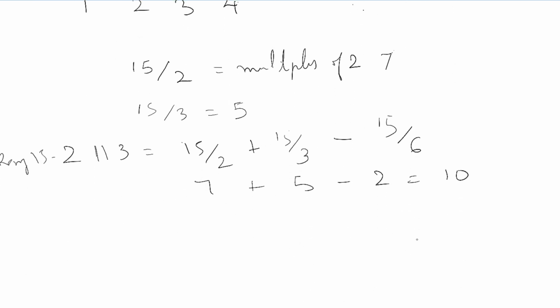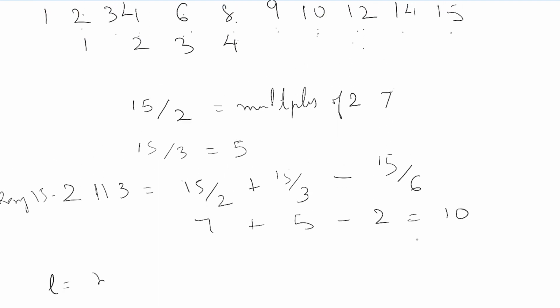Now to find our nth magical number, we need to initialize our L. If n is equal to 1, our L will be the minimum of the first multiples of 2 or 3, which will be the minimum of 2 or 3. So in this case we will get 2.